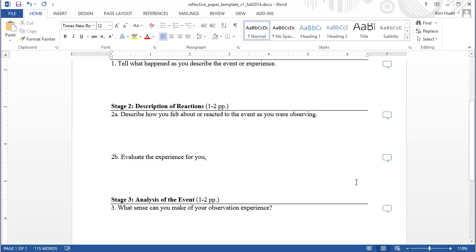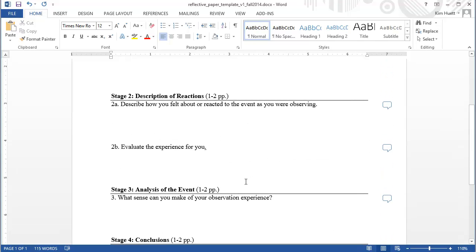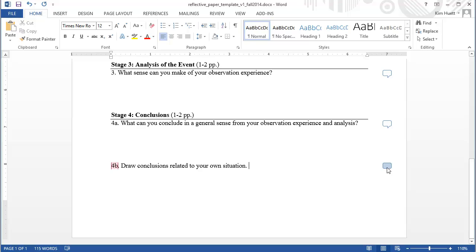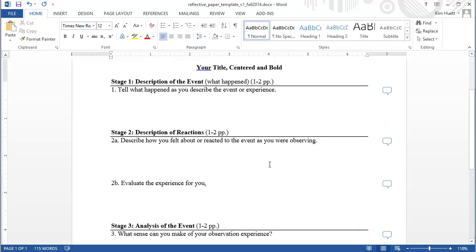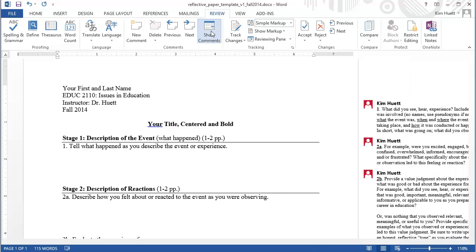And I actually recommend that after you're finished writing your paper and you kind of know what belongs in this section, actually, there's two things you could do. You could delete the comments, but you don't have to. If you kind of like them there, that's fine, because I can always go over to review. Here's what I meant.